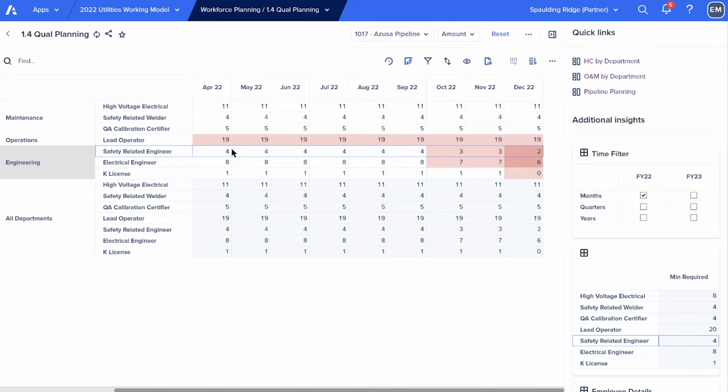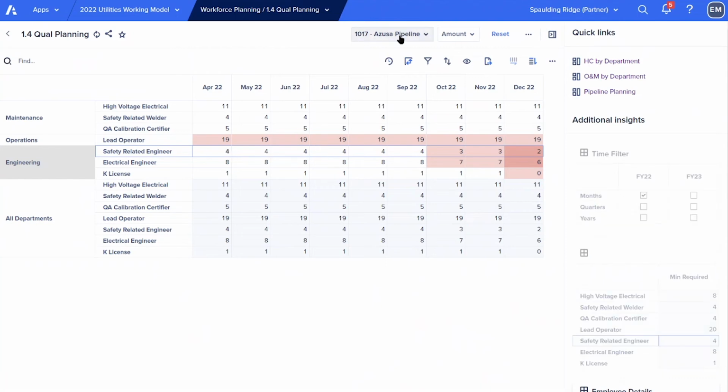So here I see 4 safety related engineering qualifications that my division at Azusa Pipeline has within it. I have this set up down here in the bottom right that the minimum I'm required to have at Azusa Pipeline is 4. So I'm okay in July.